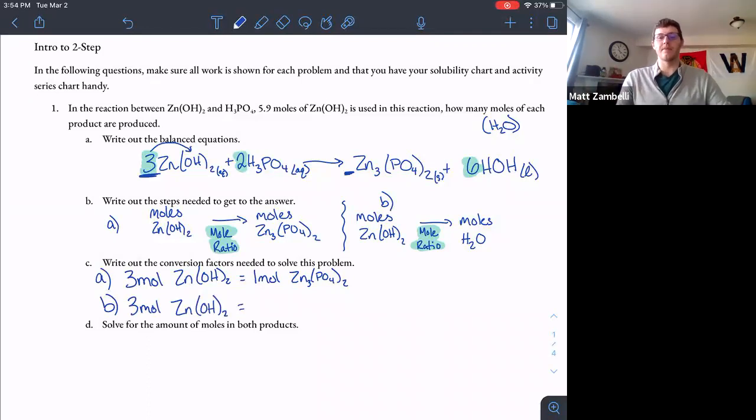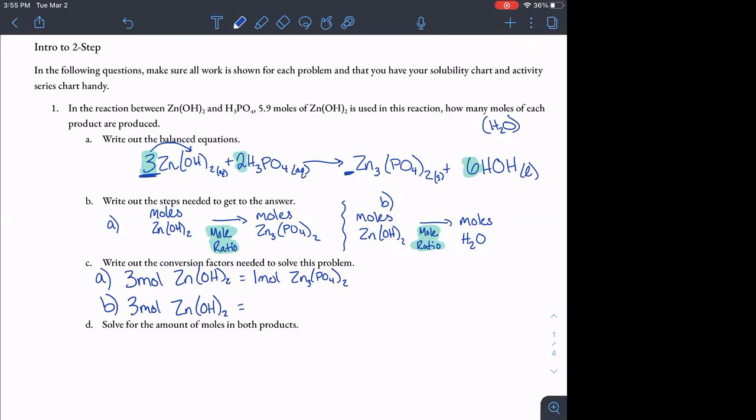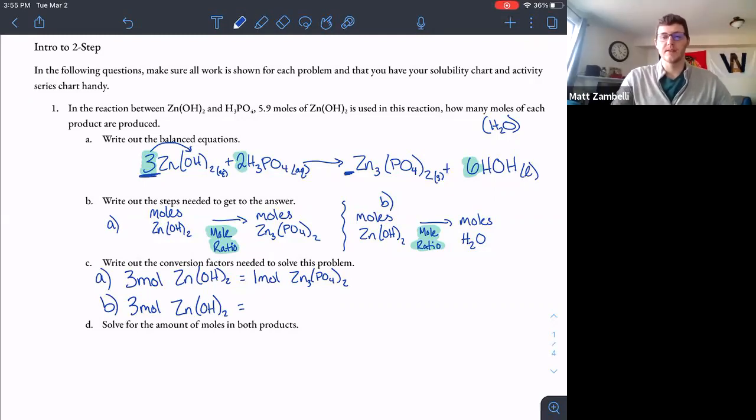How many moles of water are we going to make? Six. We're going to make 6 moles of water, because we're using the coefficient in front of water for that one. So we're going to have 6 moles made of water.